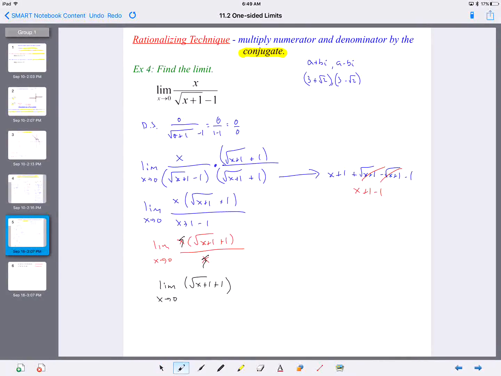The square root of 0 plus 1 is 1, plus 1 is 2. So the limit as x approaches 0 of this function is equal to 2.